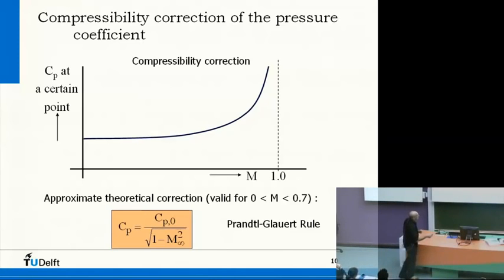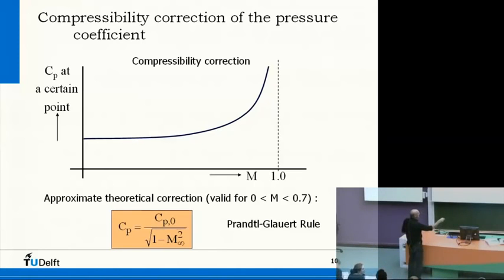And the gentlemen Prandtl and Glauert found out that the Cp for a compressible case can be calculated from the incompressible case by dividing the Cp by the square root of 1 minus M infinity squared. This is also called beta, Cp0 divided by beta.